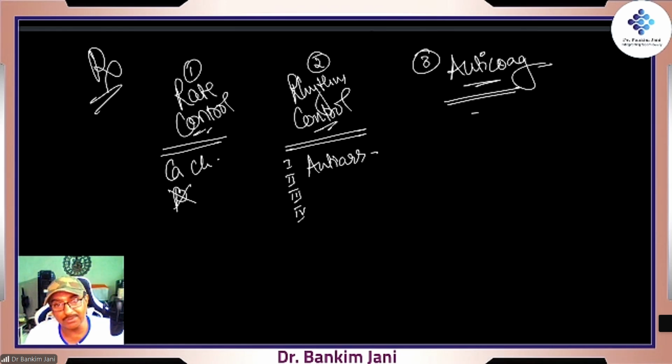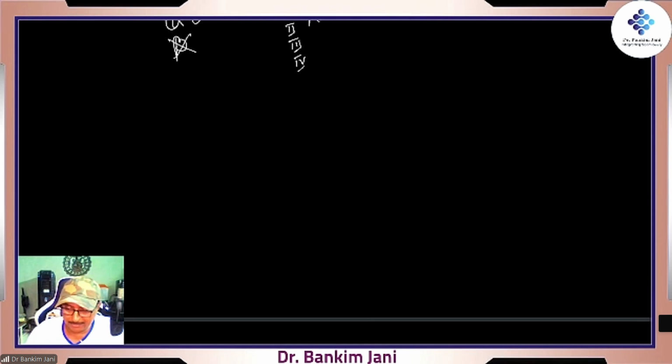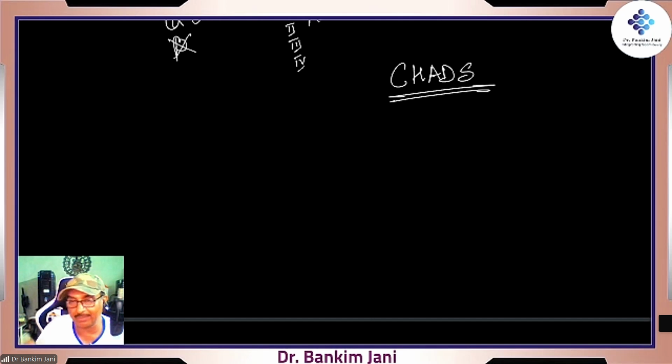And the most advanced thing is what is called the CHADS score. There is a newer version of this also, but this is just for the explanation. This tells you when all these things should be started.